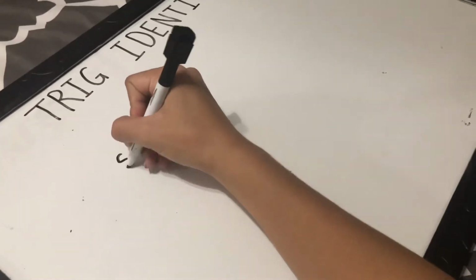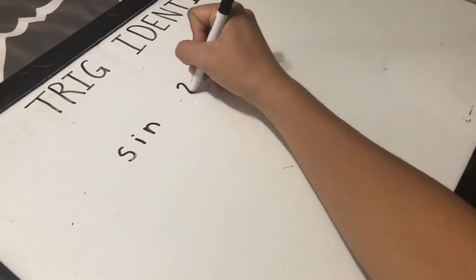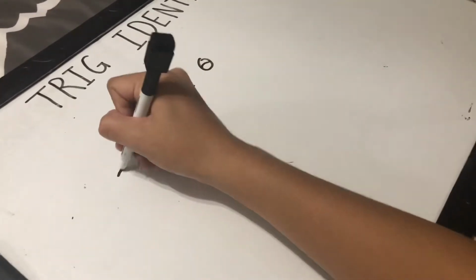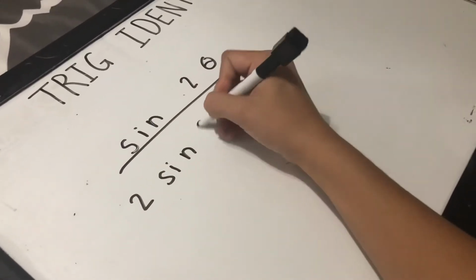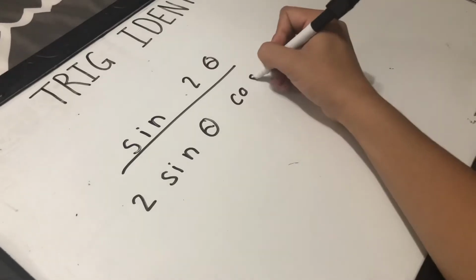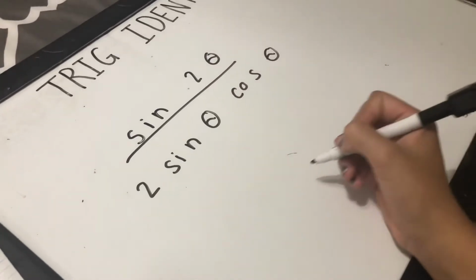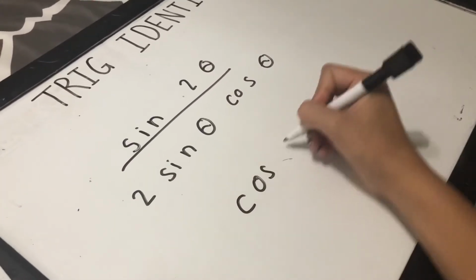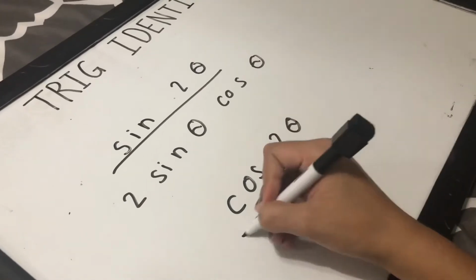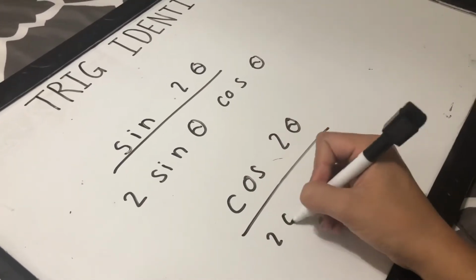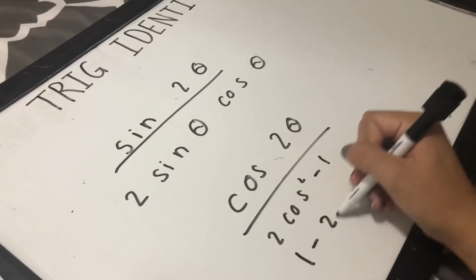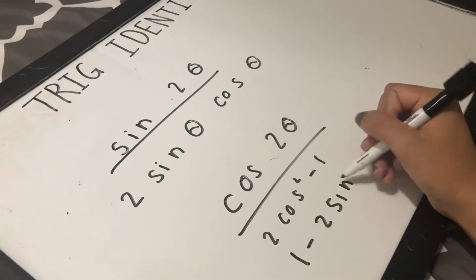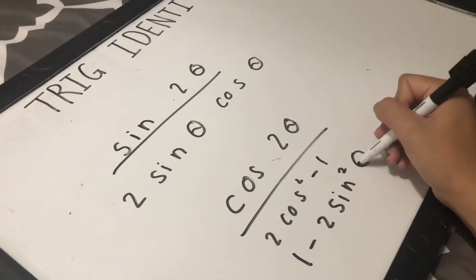The last two identities I'm going to be briefly mentioning are sine 2 theta, which is actually 2 sine theta cosine theta, and cosine 2 theta, which is actually either 2 cosine squared theta minus 1 or 1 minus 2 sine squared theta.